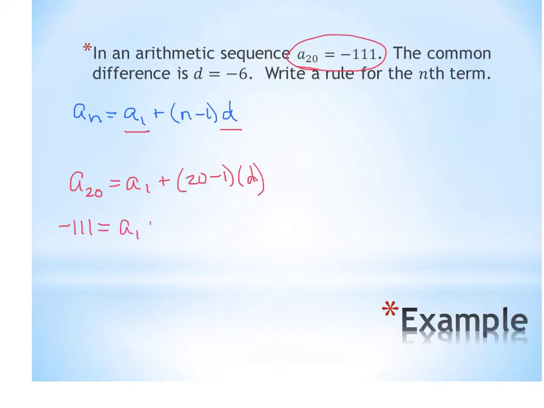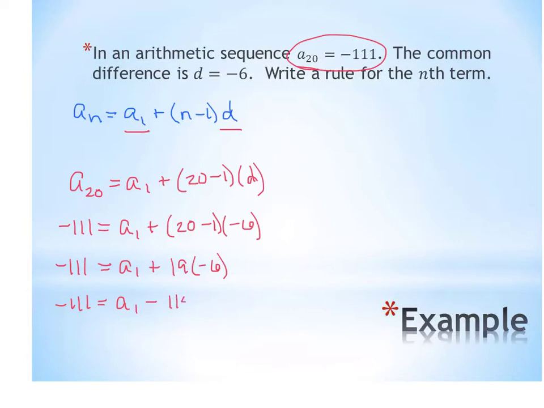A sub 1 plus, so n is still 20, 20 minus 1, and I know the difference it told me was negative 6. And so now I only have one variable. So negative 111 equals a sub 1 plus 19 times negative 6, so let's do one more step, equals a sub 1 minus 114. Adding 114 to both sides, we get a sub 1 is 3.